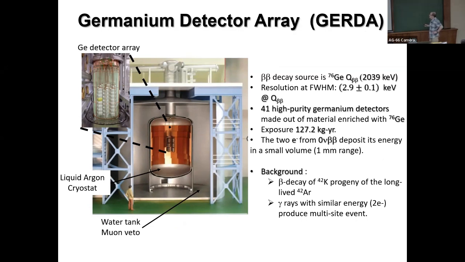And in this experiment, the exposure is a little bit less than the exposure of CUORE. Exposure, remember, is kilograms times year. And they are using germanium-76 nuclei.